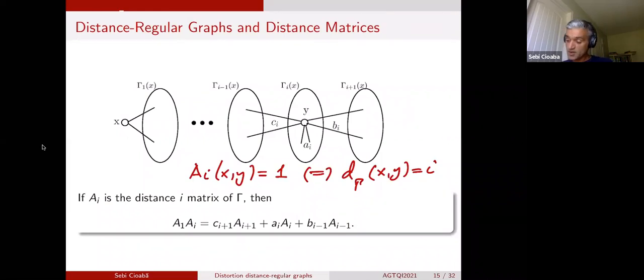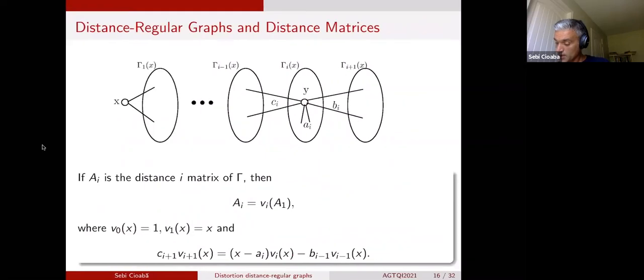Yeah. So A_0 is the identity, A_1 is the adjacency matrix, and then you have all these matrices up to A_d. Now from that equation, you can prove that each of these matrices A_i is actually a polynomial in the adjacency matrix A_1, and these polynomials are a family of orthogonal polynomials associated with the graph.